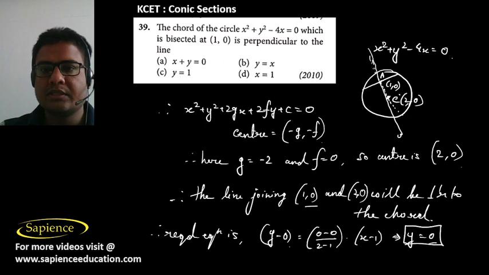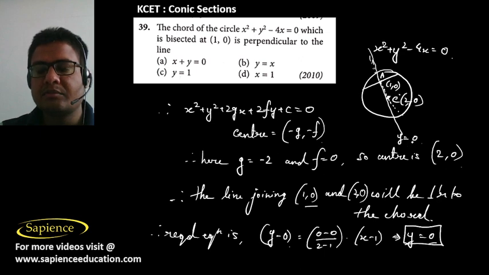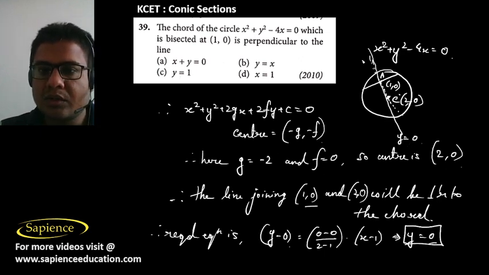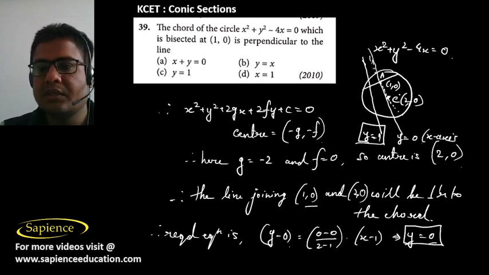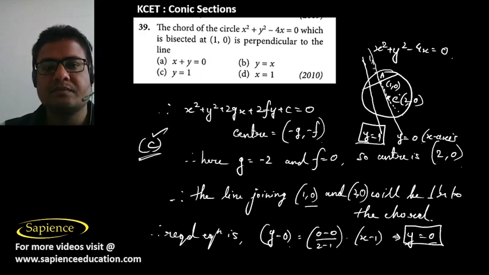Any straight line which is parallel to y equal to 0 will also be perpendicular to this chord. So y equal to 1 also will be parallel to the x-axis, and so will be perpendicular to this chord. Therefore option C is the correct answer.